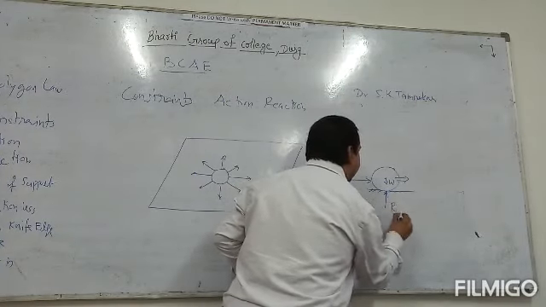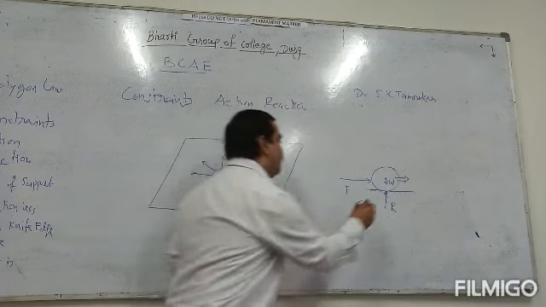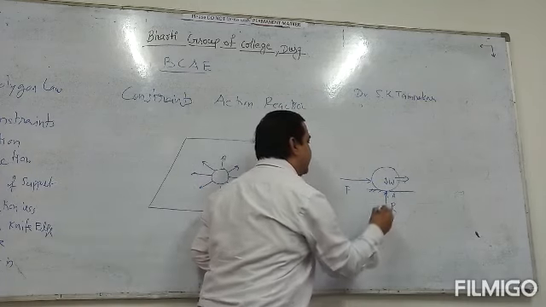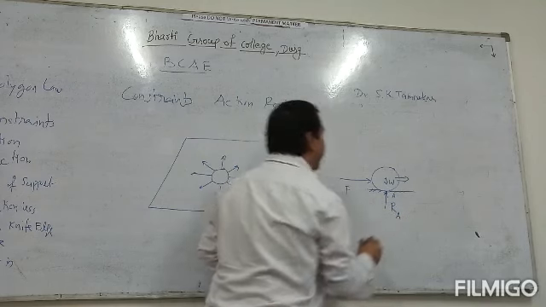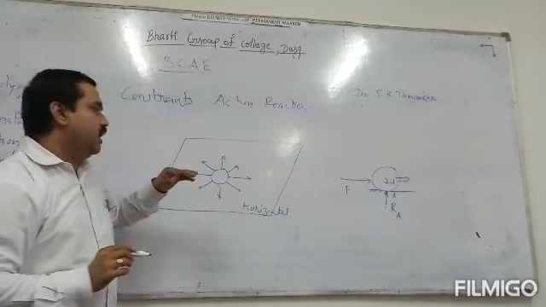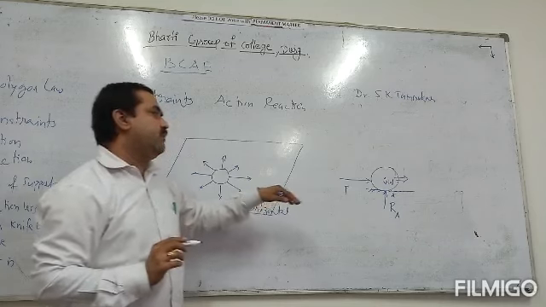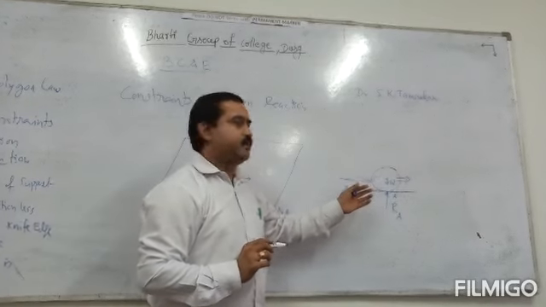That is called reaction R. If this point is A, then this reaction is called RA. Every support will give reaction to the body.